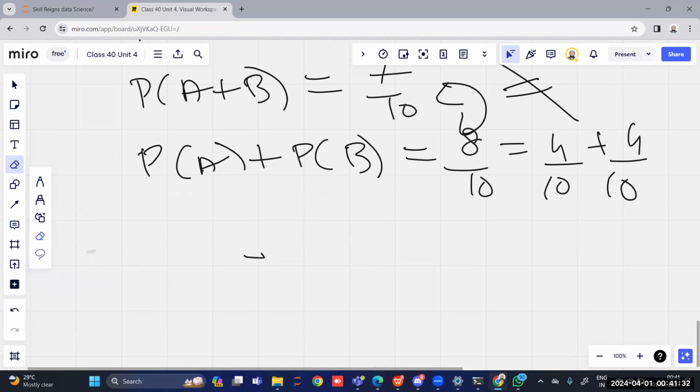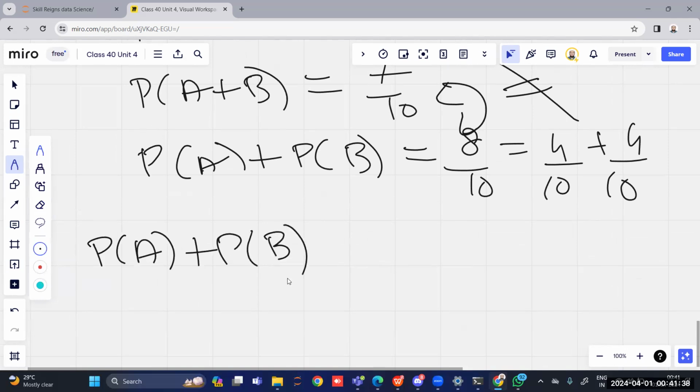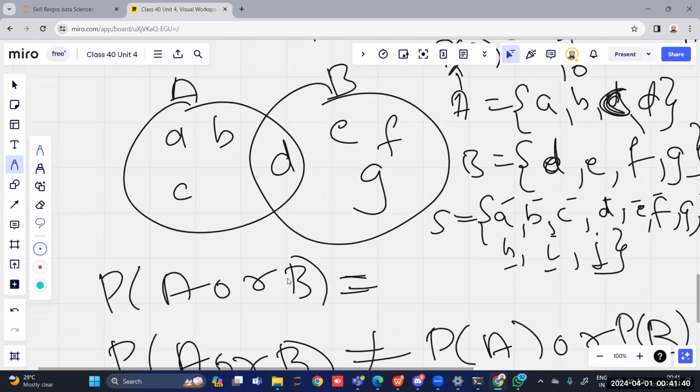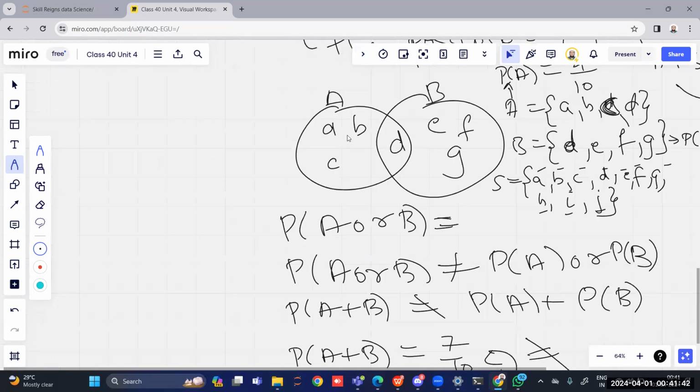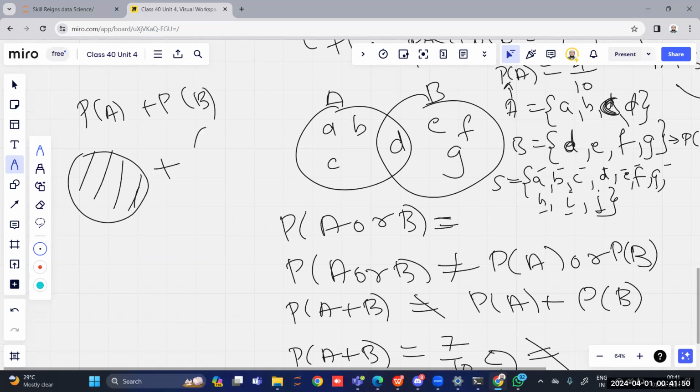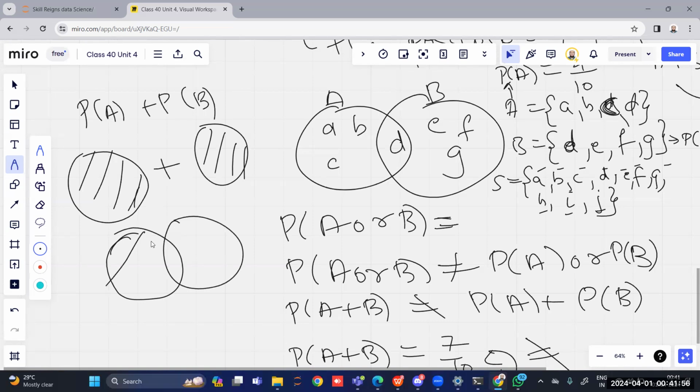See here, if I write probability of A plus probability of B. When I am adding these two sets, what is happening? This is the whole A, correct? Plus probability of B when I've added. So what does the addition mean? This plus this. This was the first time, and this was the second time.